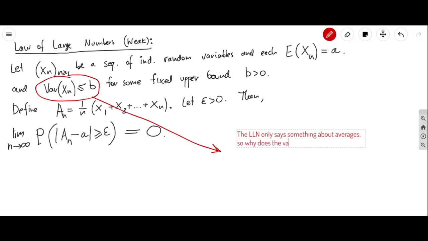So why does the variance appear as a condition? This is a little bit unusual because it's all about averages, and the way the probability of averages behaves. We're not in any way interested in the variance of these random variables or the variance of their empirical average, but somehow you need that condition in the statement of the law of large numbers.